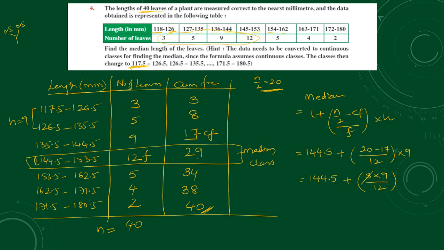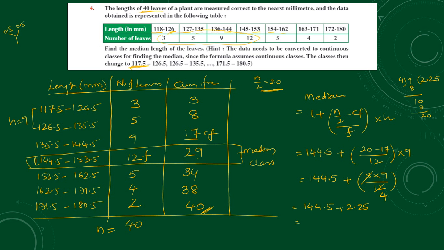Next, in 3 table 12 goes 4 times, so 144.5 plus, in 4 table 9, 4 2s are 8, I am left with 1, so I can't do with 1, so I am taking a decimal point. So 4 2s are again 8, next 20, so 5 times 20, this gives me 2.25.